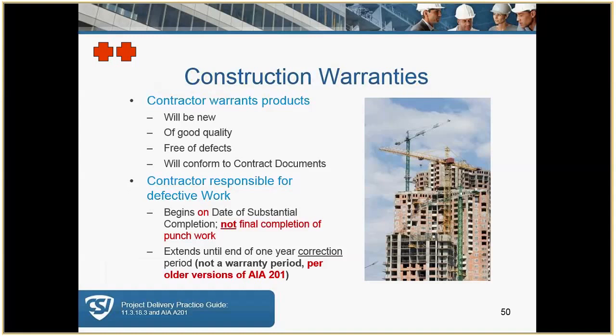So the big question becomes, what happens when an owner takes partial occupancy of a building for beneficial use? And there may be some negotiations of that date when the warranty starts. One example in particular to consider is elevator manufacturers, who will provide a warranty from the date that the elevator is put in use.